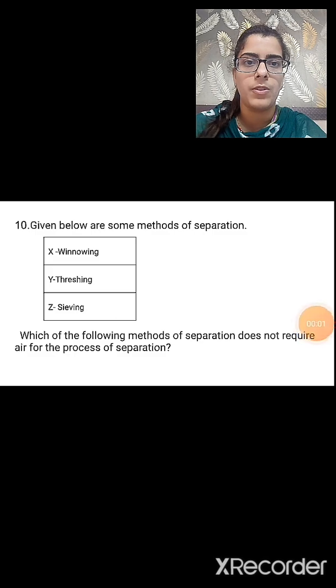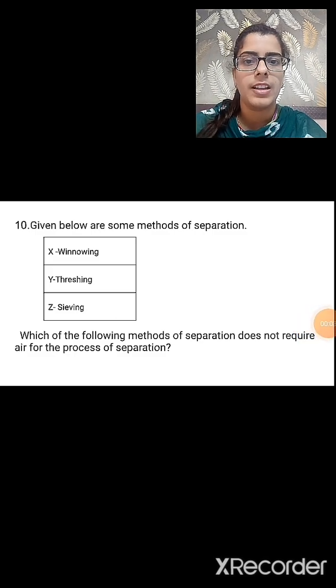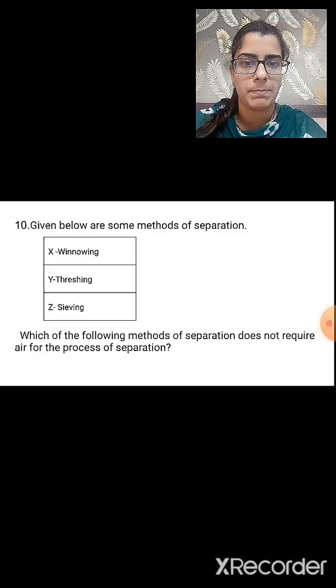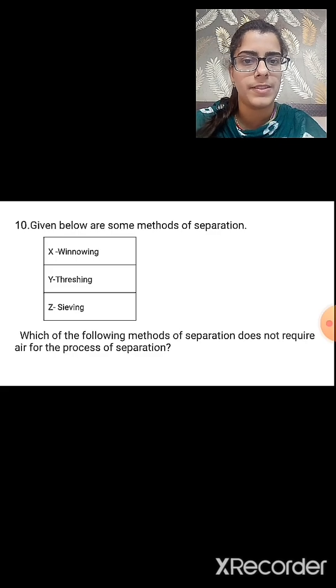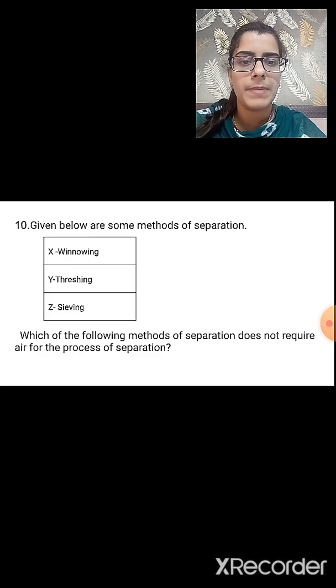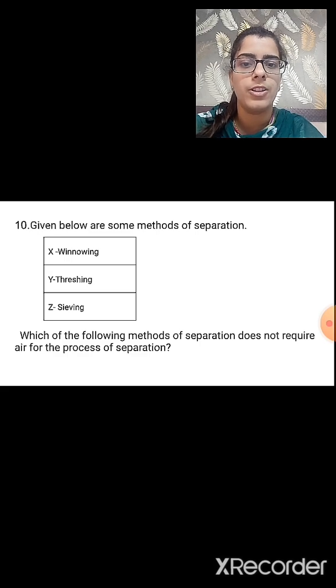Now let us have a look at the 10th question. Given below are some methods of separation. X is winnowing, Y threshing, Z sieving. Which of the following methods of separation does not require air for the process of separation?